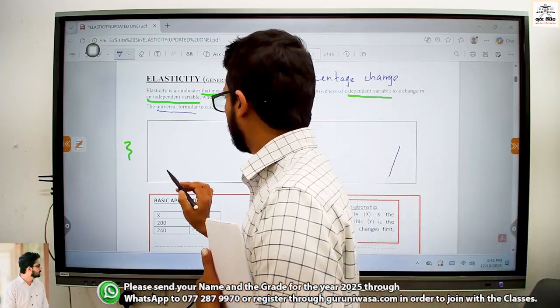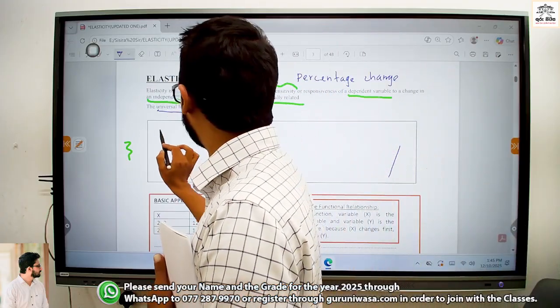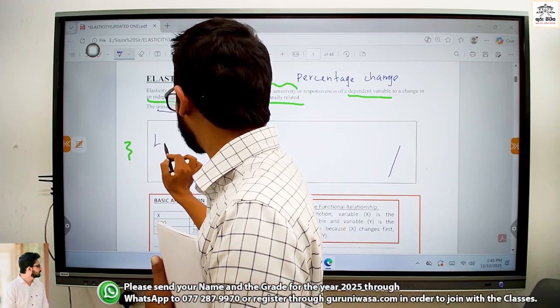Write down the formula to calculate elasticity.